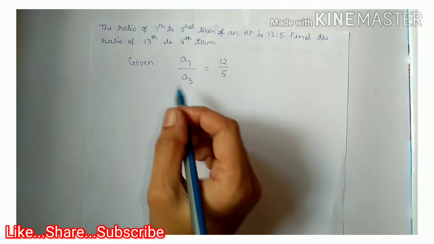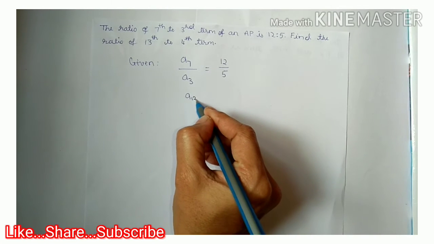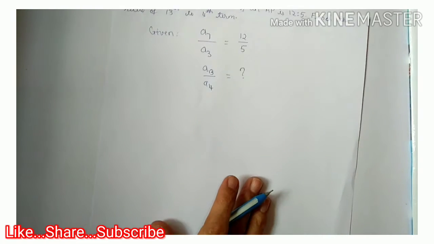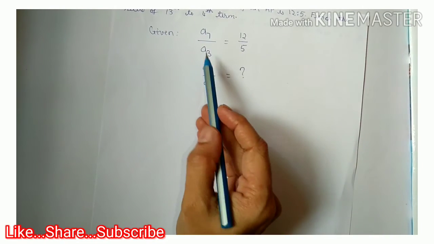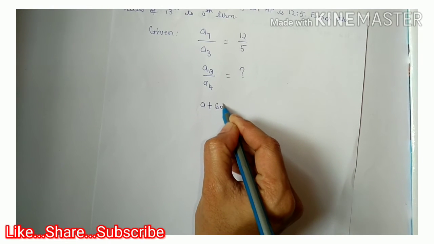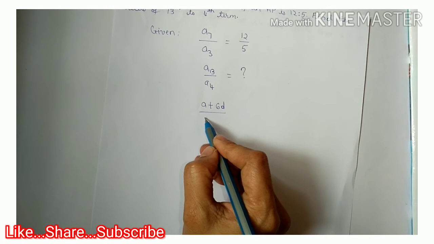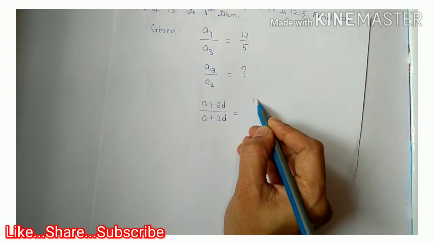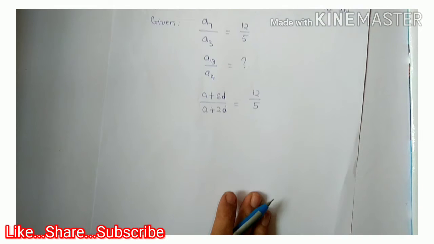We need to find the ratio of 13th term to the 4th term. A7 is A plus (7 minus 1) into D, A plus 6D, A3 is A plus (3 minus 1) into D, A plus 2D, is 12 by 5.